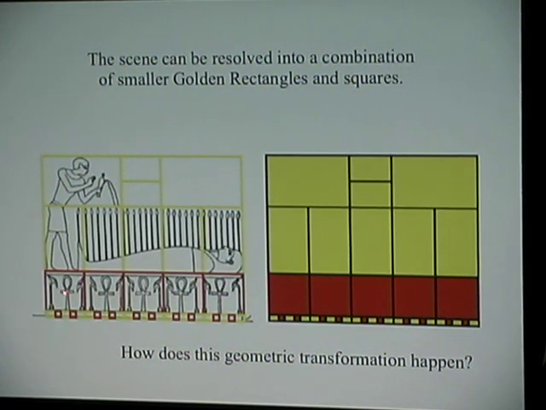Each of these triple sets of symbols, the uwas, meaning power and life, and was, each fits perfectly in a square, and we see that in other forms of Egyptian art where these 3 come together. And 1, 2, 3, 4, 5 golden rectangles, and another simple proportioning gives us the whole scene. It was very, very important to proportion their art properly so that the so-called magic would work.